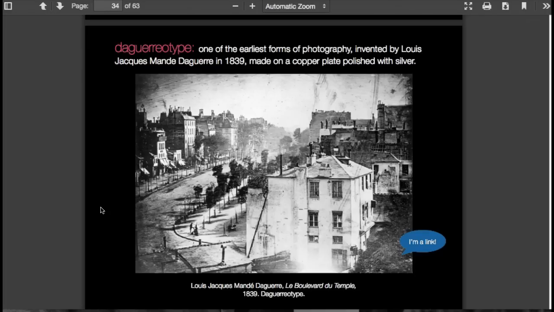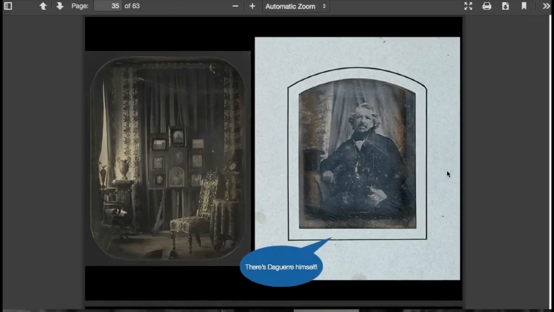Of course, we have no idea who he is. He was getting his shoes shined, and so he was standing still for this image, and he was captured on this plate. This is what daguerreotypes tend to look like. This is a link for you to learn more about daguerreotypes, and here are a couple early daguerreotypes.